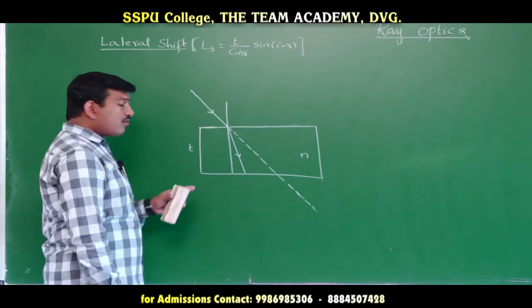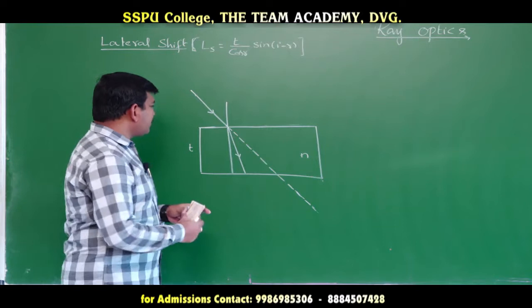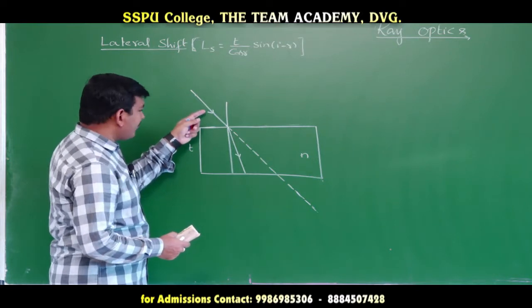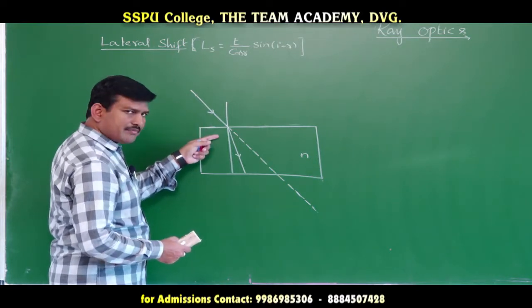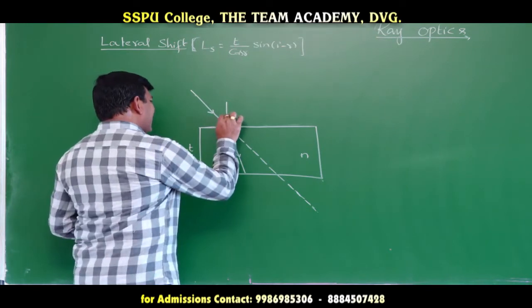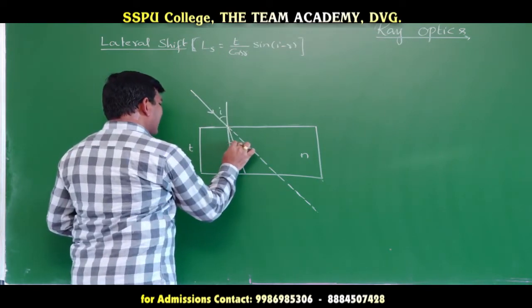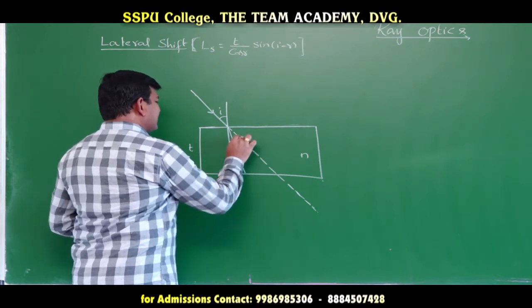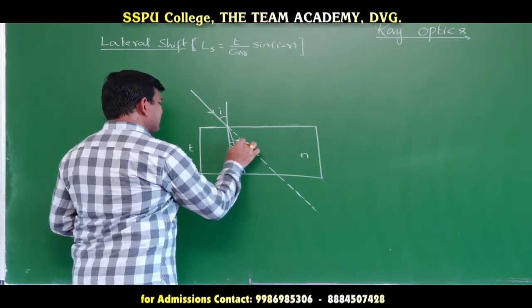But now, because of the glass slab, the light ray is traveling from rarer medium to denser medium, therefore it is deviated towards the normal. This is the angle of incidence, this is the angle of refraction, and this is the deviation angle delta.